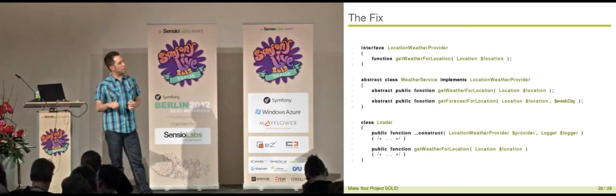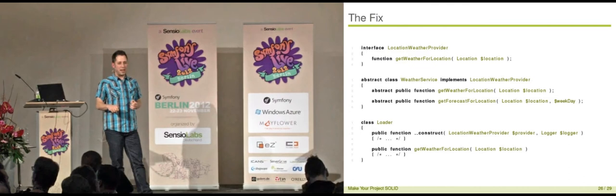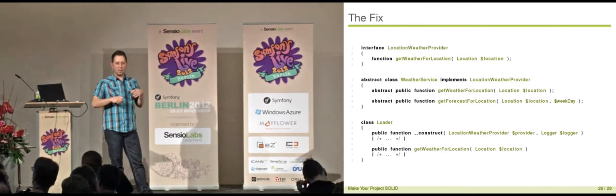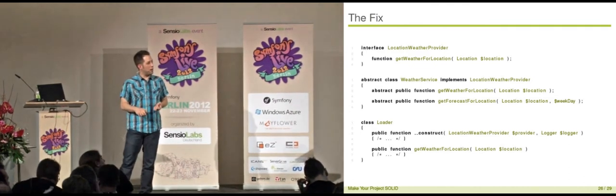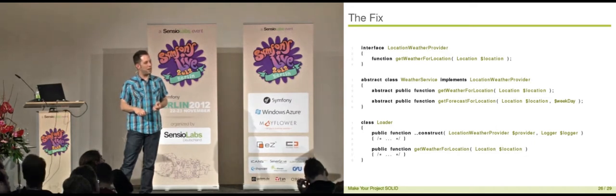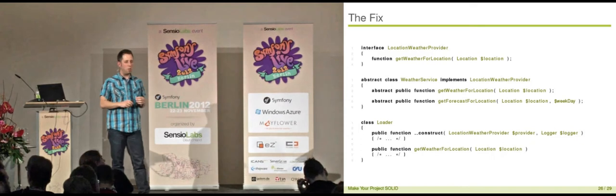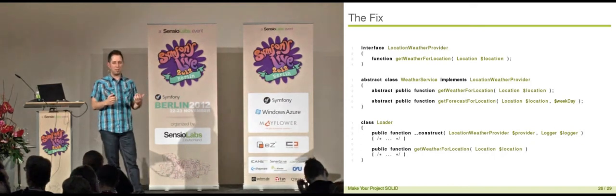Give it only this single method, and then say, our weather service implements Location Weather Provider. Then we have stripped down the usage for the weather loader into one single interface, because it can now say, I'm depending on a Location Weather Provider, and nobody will ever have access to the additional methods.